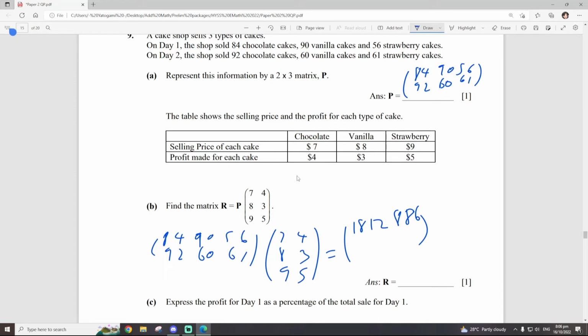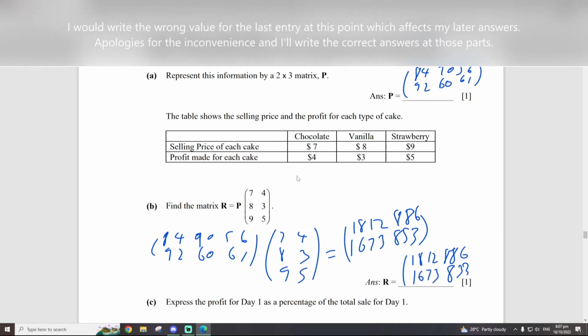Then this is 853. And the last one is 1673. Okay, 1812, 886, 1673, and 833.